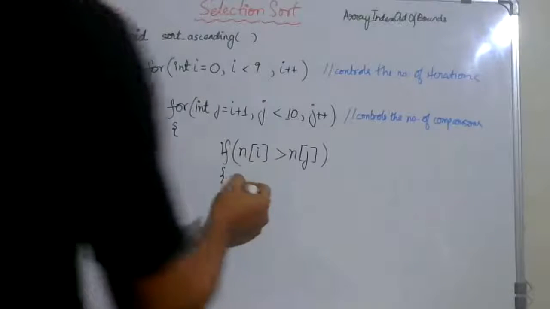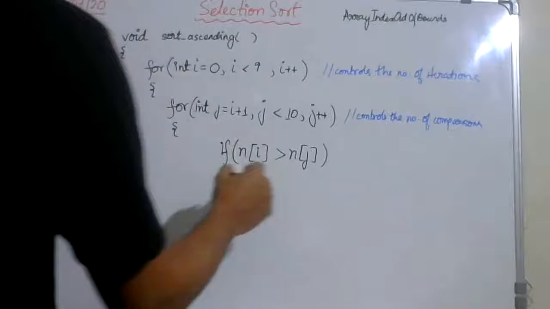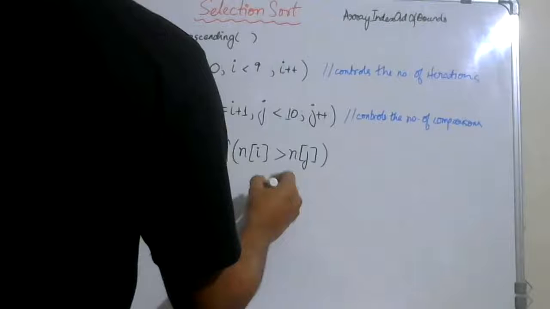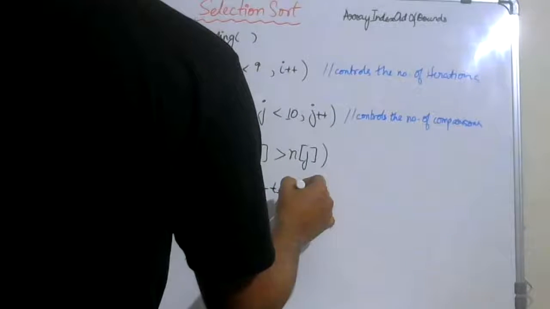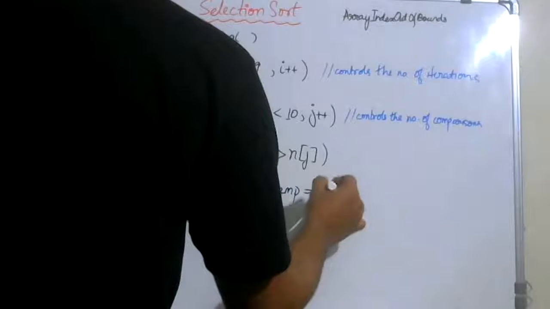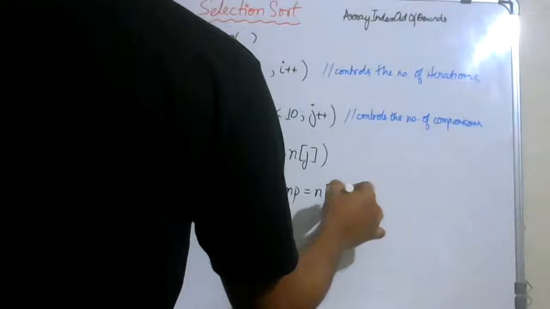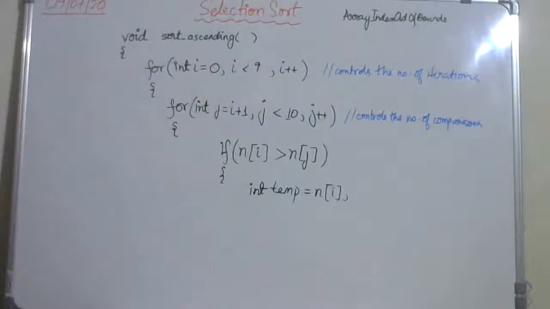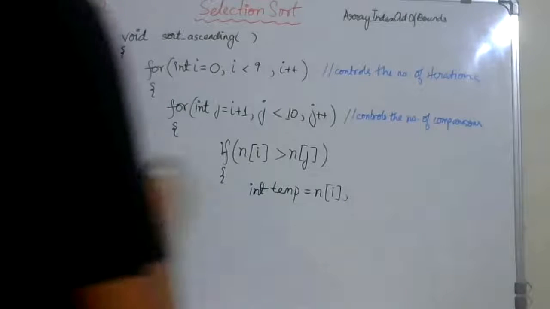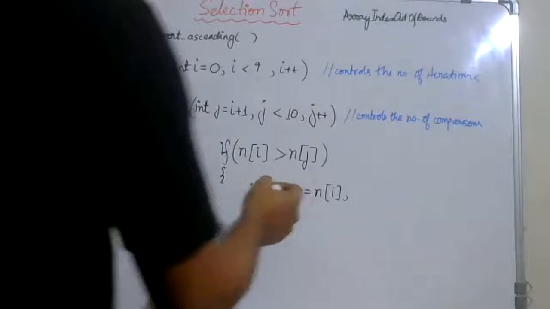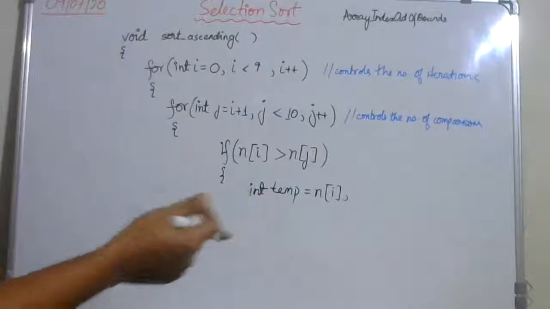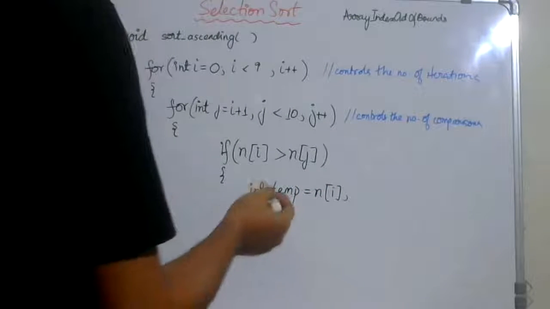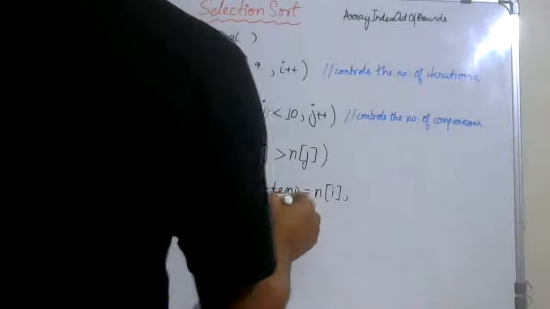So what we do is we interchange them. We make use of a temporary third variable for doing the swapping. So we set temp to n of I, just like you have done swapping of elements before, it's pretty much the same thing.